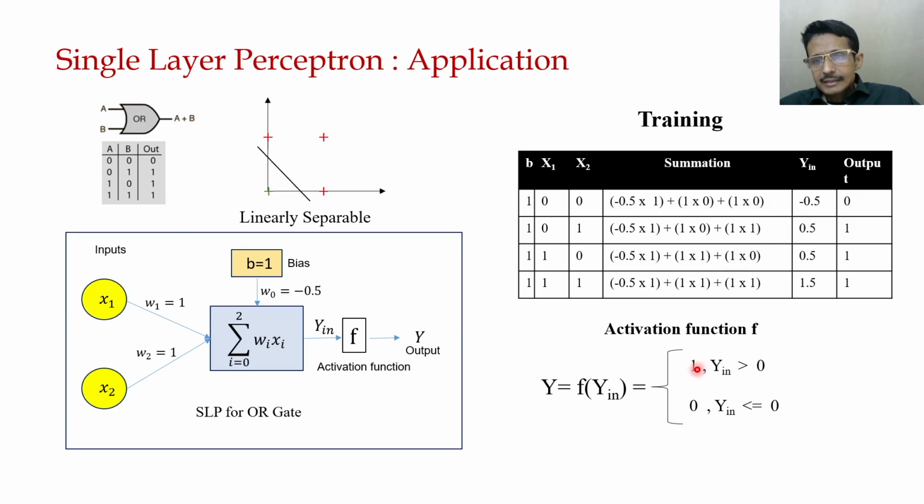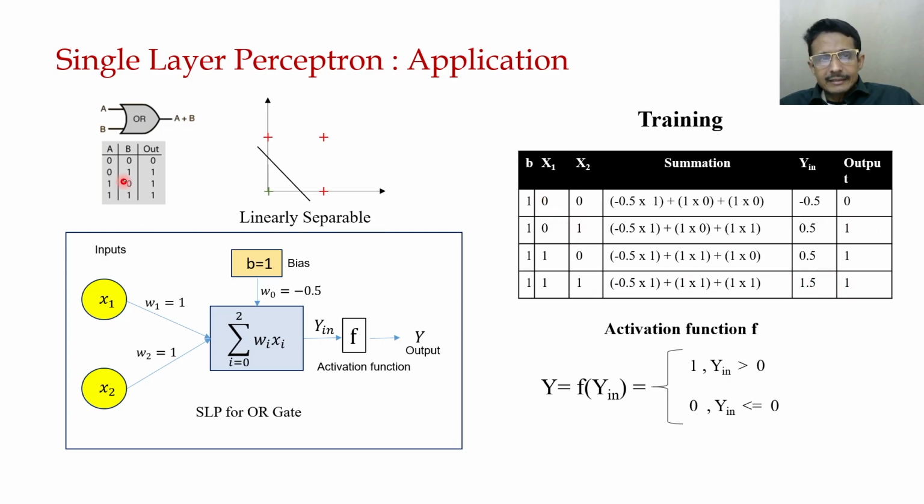And when it is another combination, 0 1, this is 0, this is 1, and this is 0.5 minus 0.5. So it is basically plus 0.5, greater than 0, so it is 1. Similarly for 1 0 it is 0.5, and for 1 1 it is 1.5, so all of these give 1.